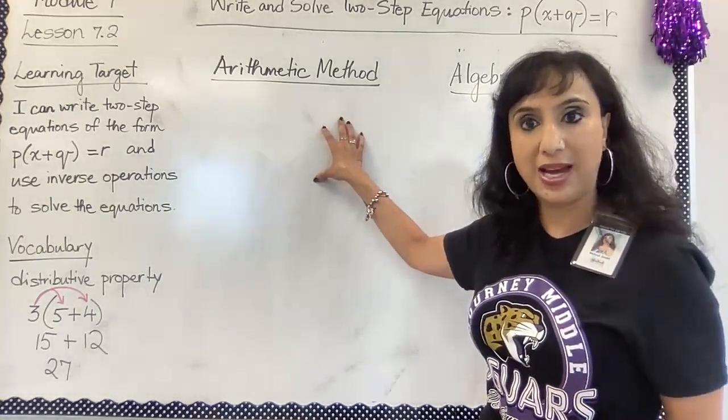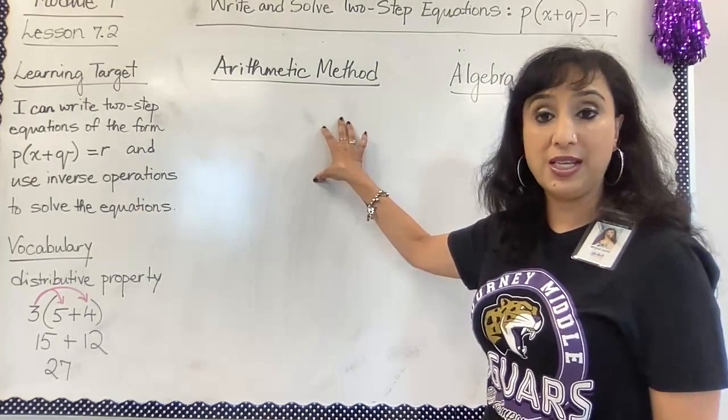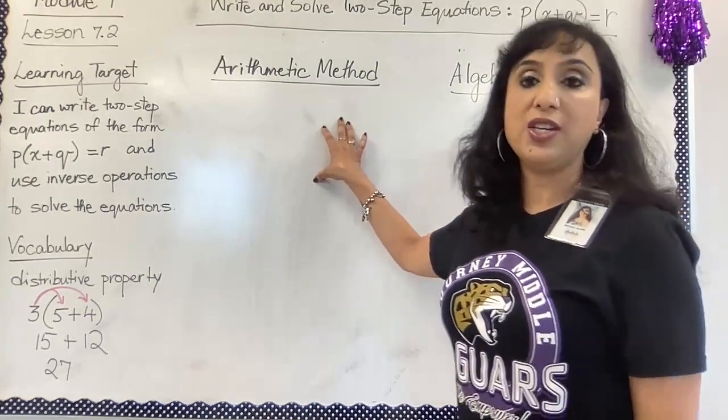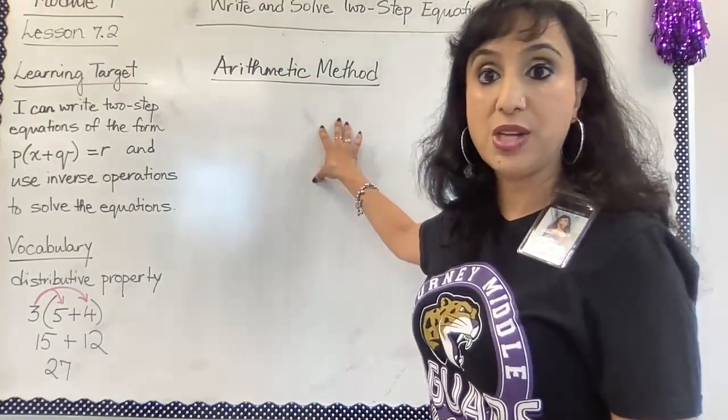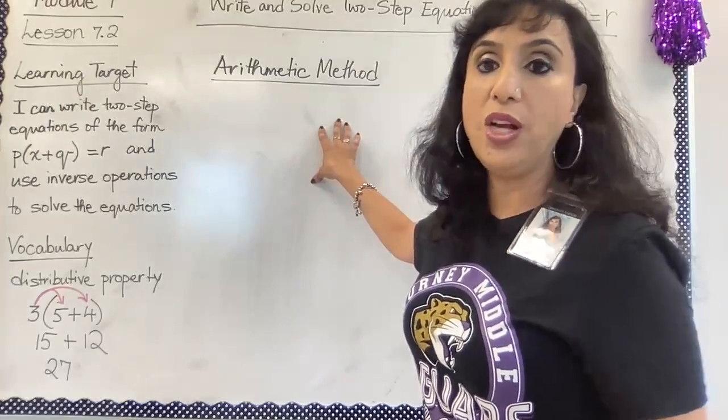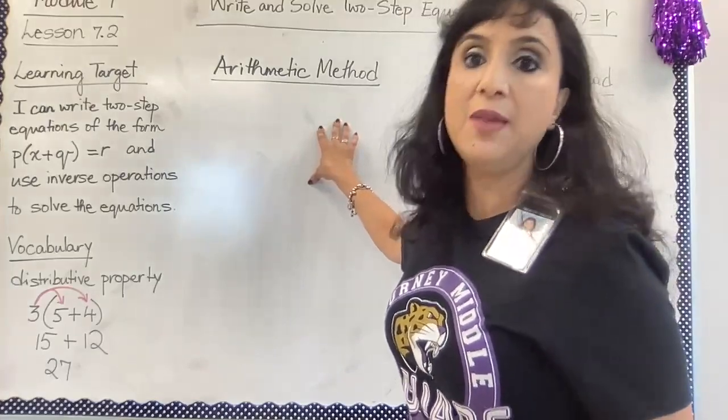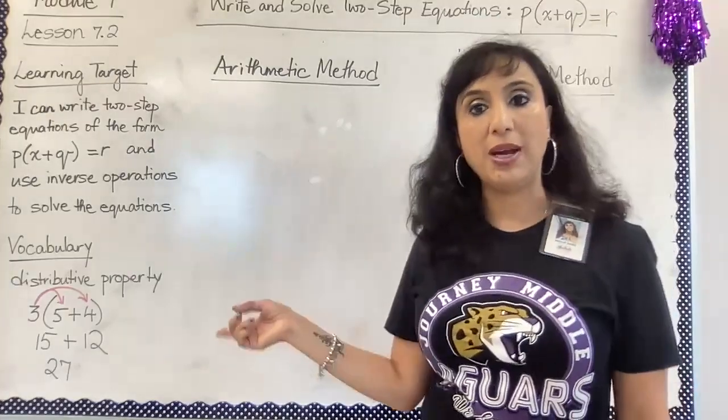Operations are like PEMDAS: parentheses, exponent, multiplication, division, addition, subtraction. Those are the operations. So when I only use numbers and operations, it is going to be the arithmetic method.